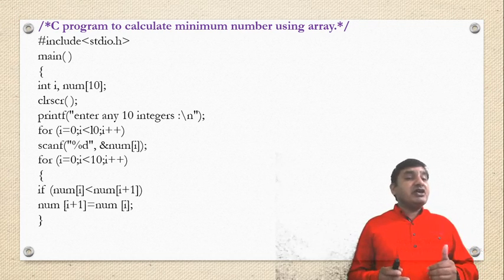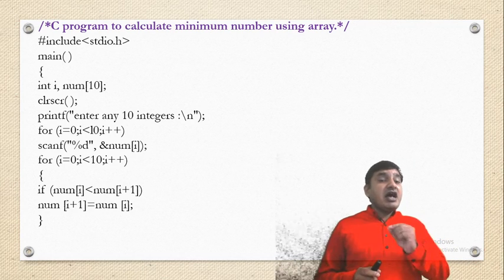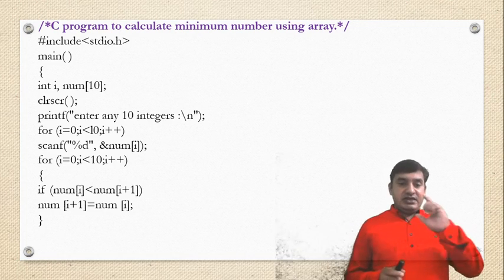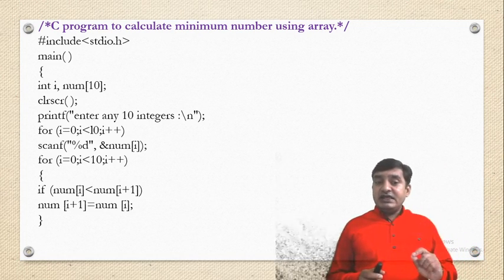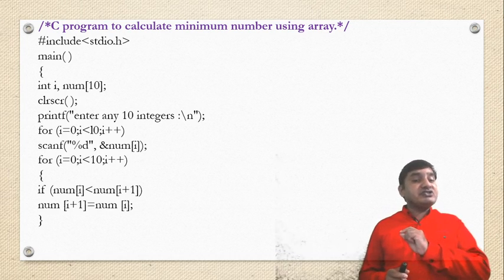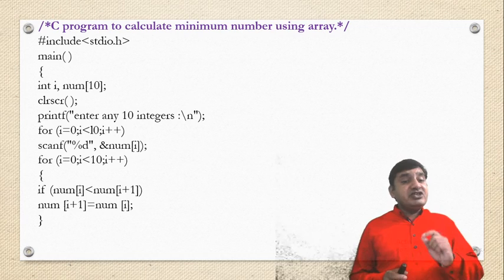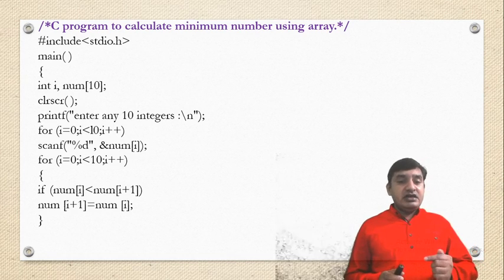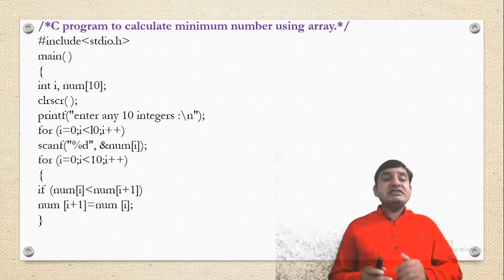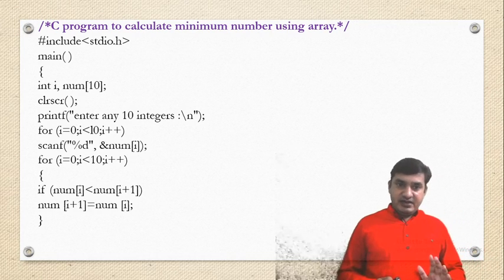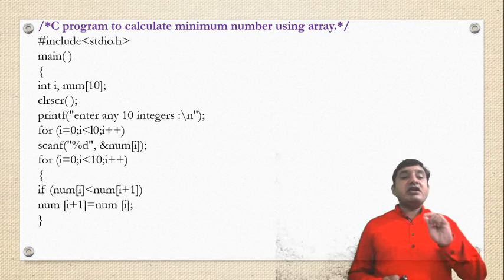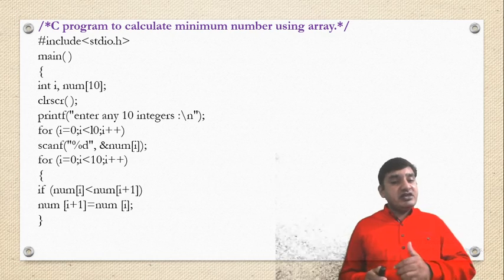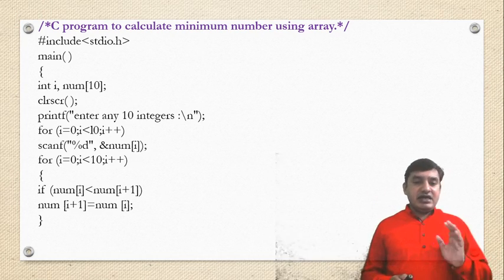Now we have to check some condition. For that, if num[i] is less than num[i+1], and if this condition is satisfied, then num[i+1] is assigned as num[i].